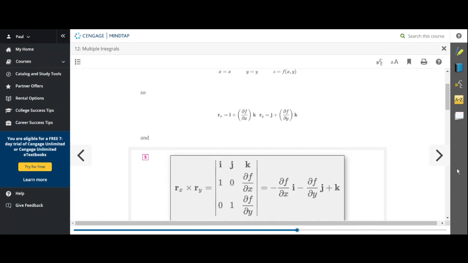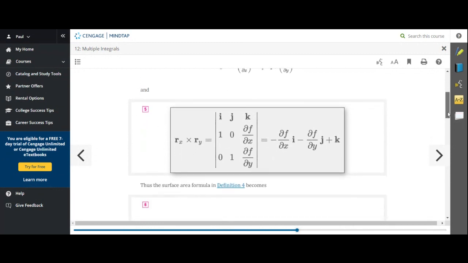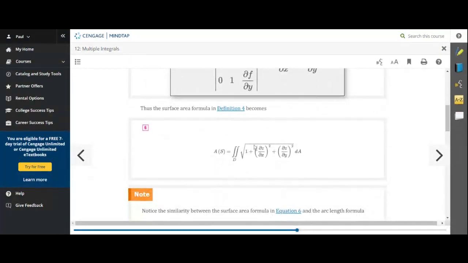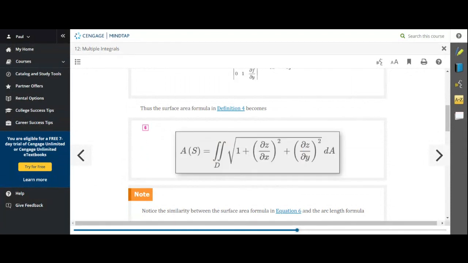And so now given that, you have another formula for the area of a surface. But it's only true when z is a function of x and y. Are there any questions on that?